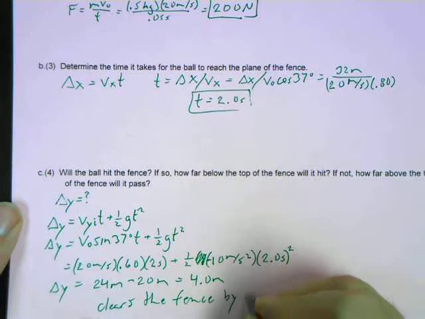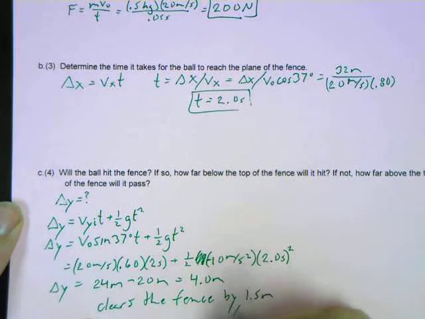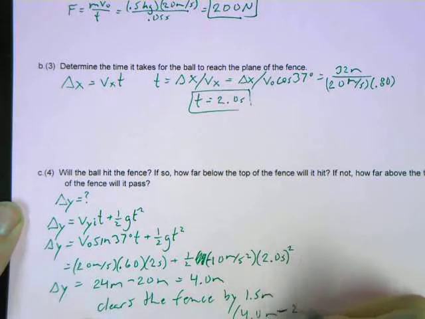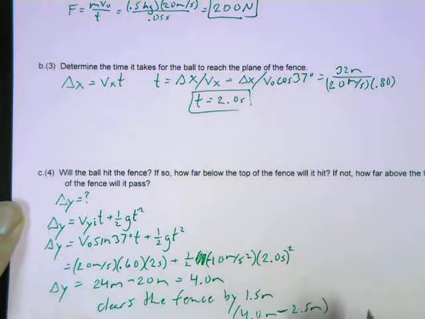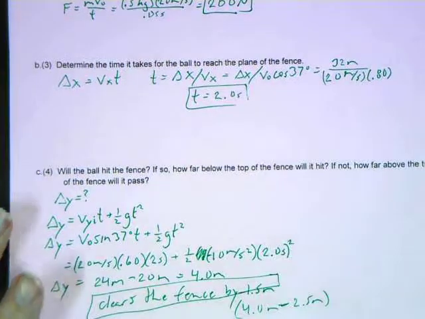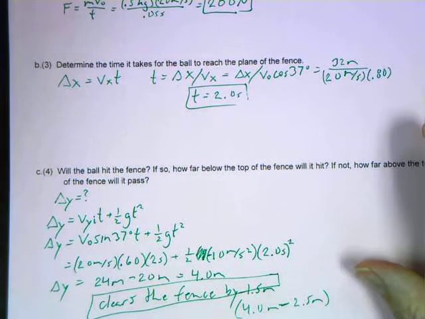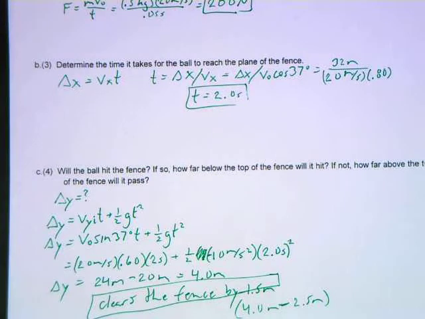Clears the fence by 1.5 meters. And if you really wanted to, you can say 4.0 meters minus 2.5 meters. Okay. Clears the fence, by 1.5 meters. They do like your answers boxed in. And that's the end of the first one. Sorry if it took a while.